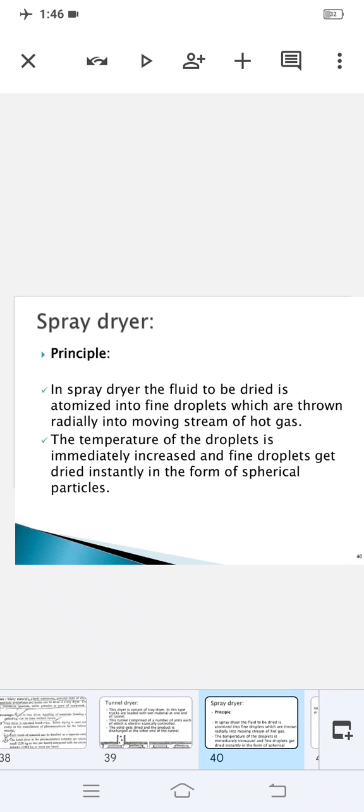Now, what is a spray dryer? As the name itself suggests, the fluid which is to be dried is atomized into very fine, very minute droplets. Those atomized fine droplets are thrown radially into a stream of hot gas.